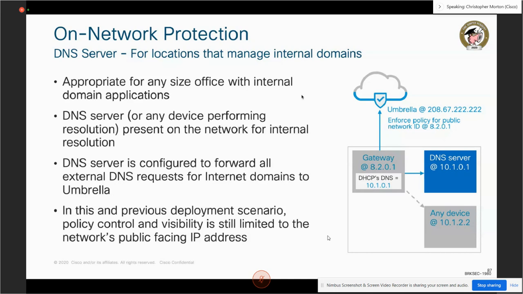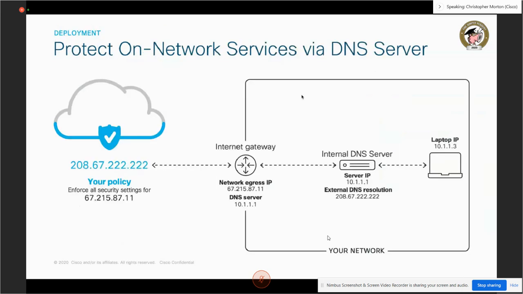You'll probably need to flush the current DNS cache that you have so that it's able to take effect. So this is an illustration of being able to protect on-network devices utilizing the DNS server. Anything that's internal, traffic will flow internally.